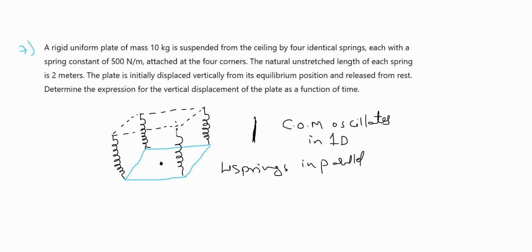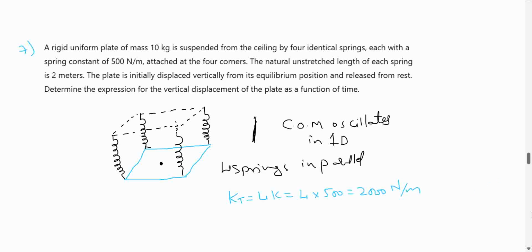So the K total that we have to consider is 4 times K, which is 4 into 500, that is 2000 Newton per meter.